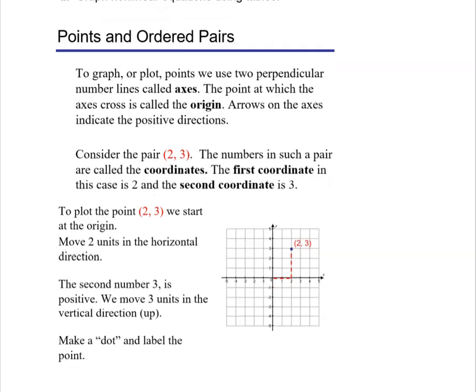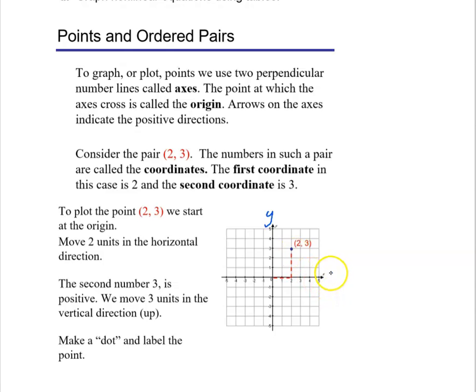So when we talk about plotting a point, this is a coordinate plane, okay? And so to graph or plot points, we use two perpendicular lines called axes. And this is kind of hard to see. There's a little bitty y here, but this is going to be your y-axis.